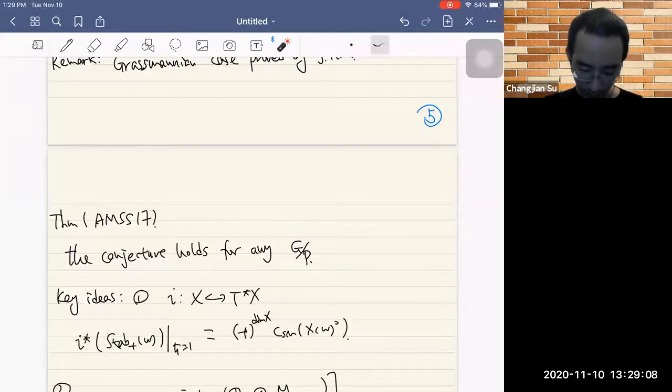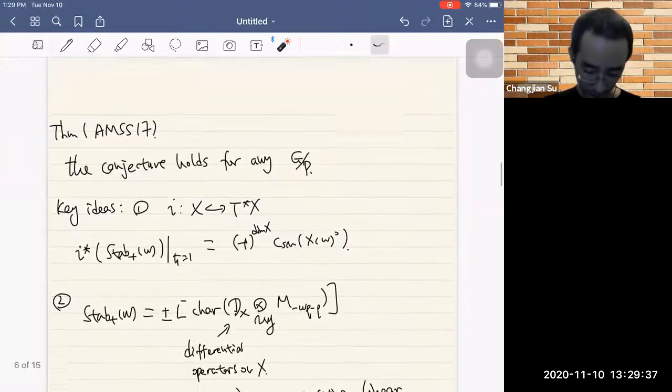Because this C star acts trivially on X, if we consider the C star equivariant cohomology of X, then this is just the cohomology of X adjoined a formal variable h bar. That's why we can let h bar equal 1 here. You can get this equality by comparing the degenerate Hecke algebra actions.